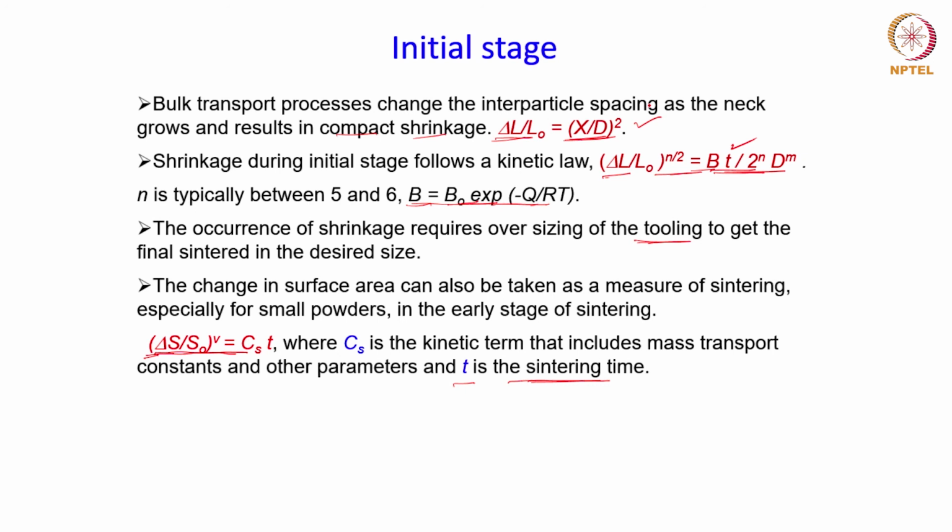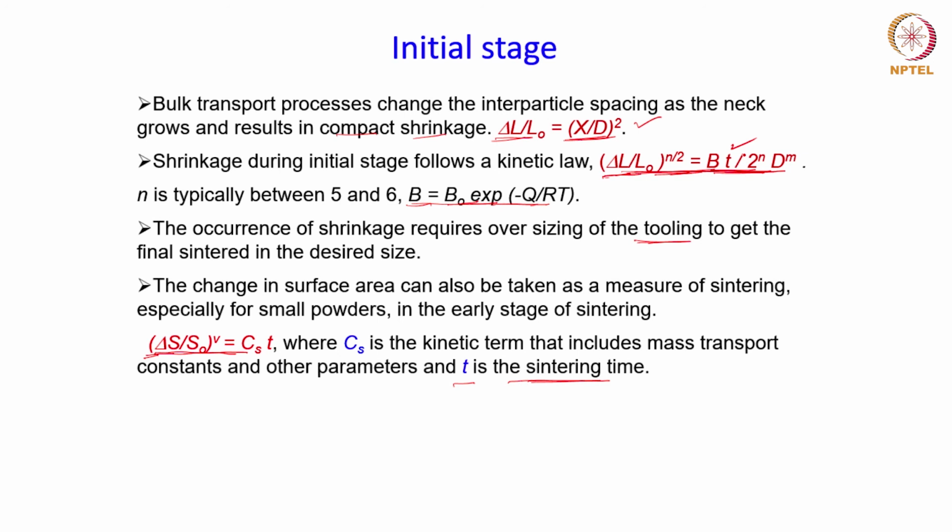And in terms of the kinetics of the process, if you see, this follows a kinetic law through an equation like this, where n is between 5 and 6 and b is an exponential function of temperature.